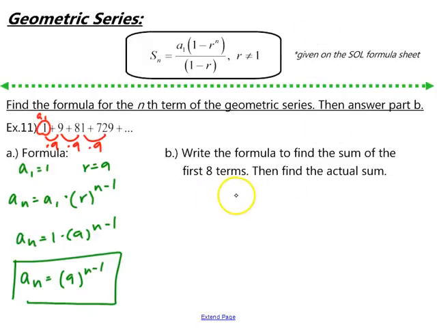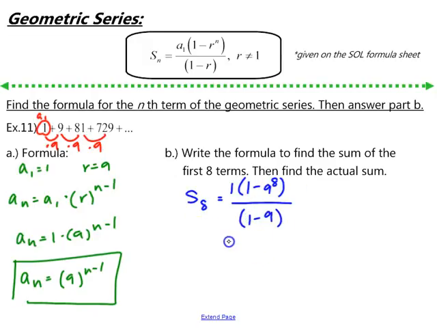Then, for part B, it wants us to write the formula to find the sum of the first 8 terms. So we're going to take this formula, the sum of the first 8 terms, and substitute in our values. Our first term is 1, and then we substitute in our ratio of 9, and we want n equals 8 because we want to find the first 8 terms, and then 1 minus r on the bottom.